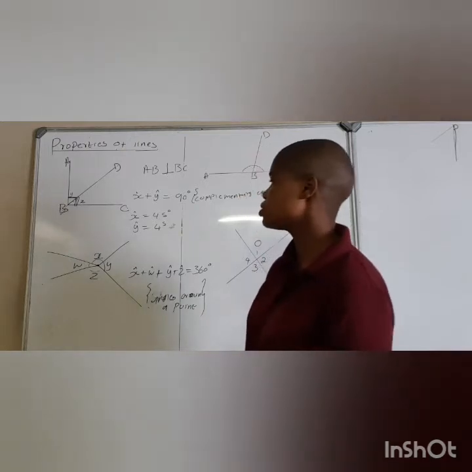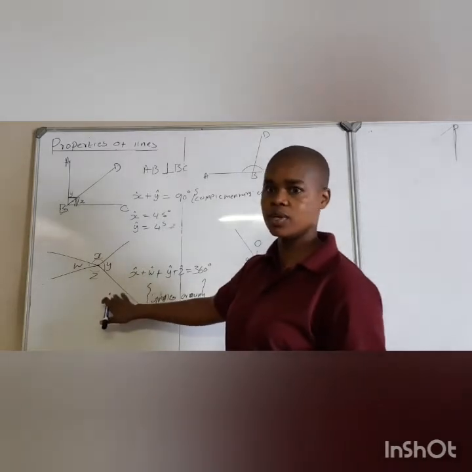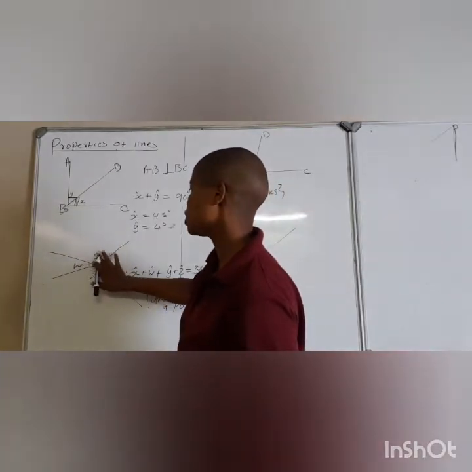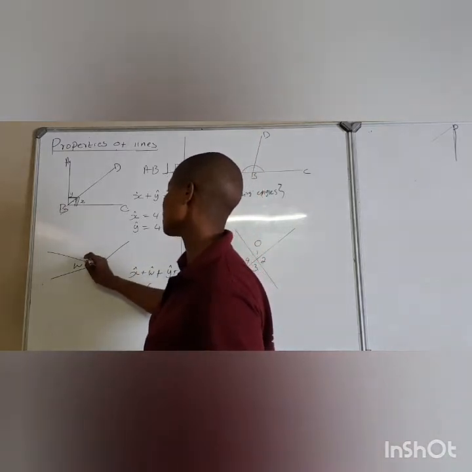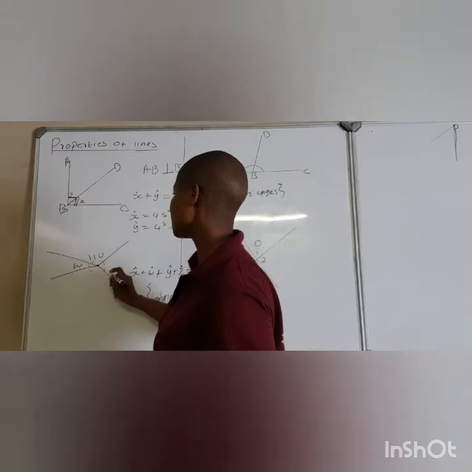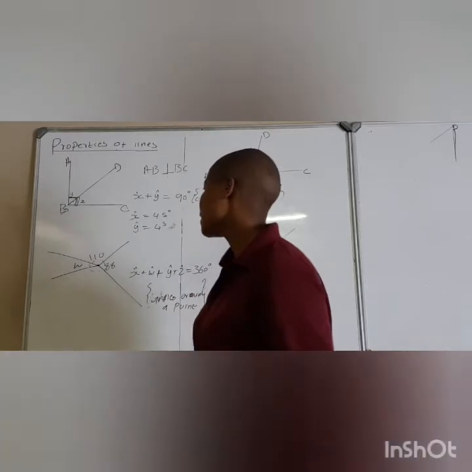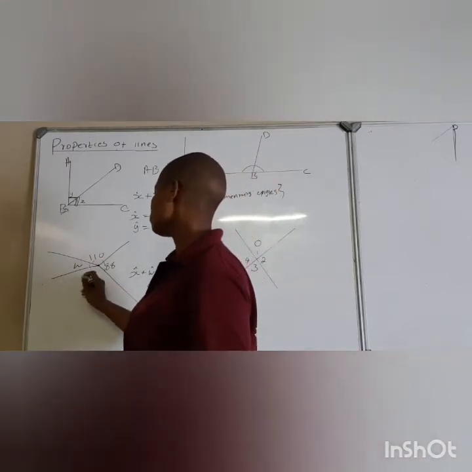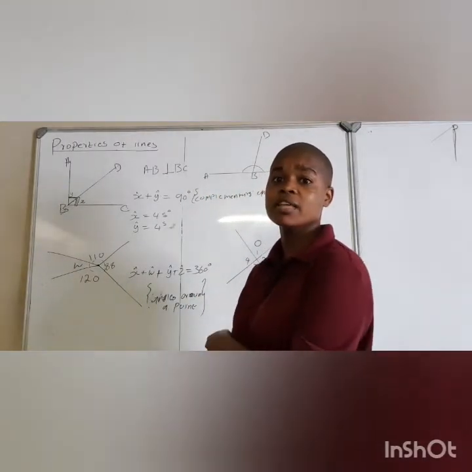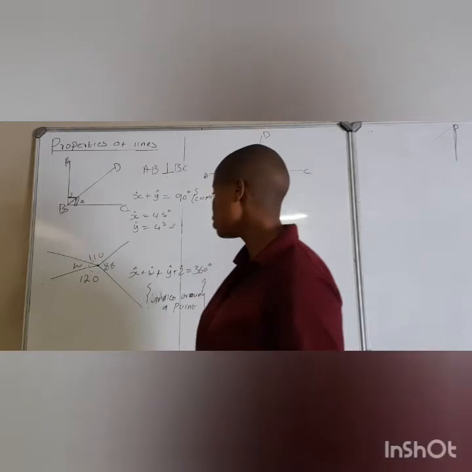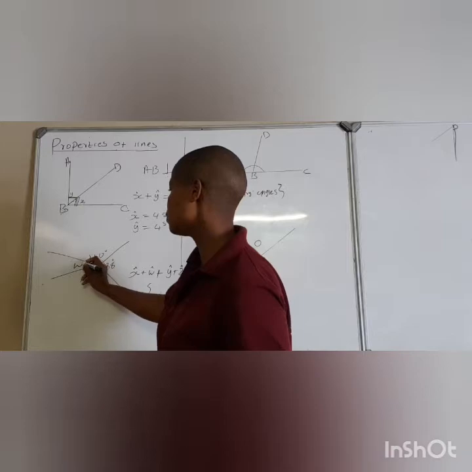Let's assume you were given every value here, and you did not have W. It is easy to find the value of W. Let's assume here is 110, here maybe 88, and here 120. They say calculate the value of W. You know that every angle here, when added together, gives you 360.